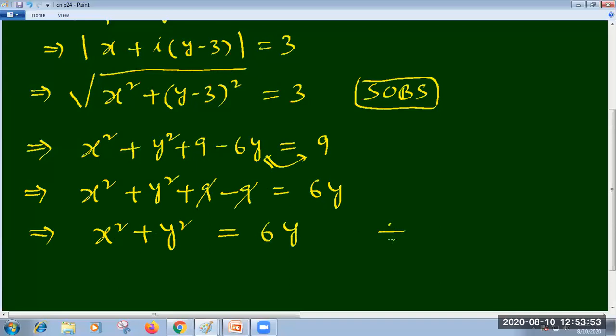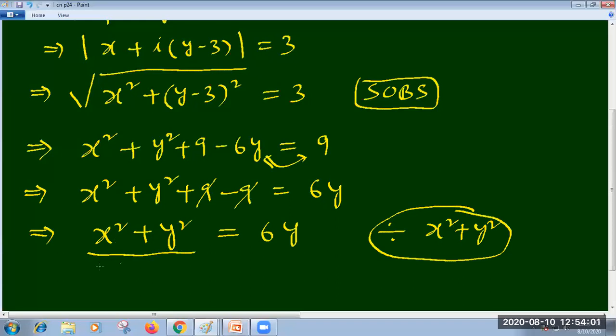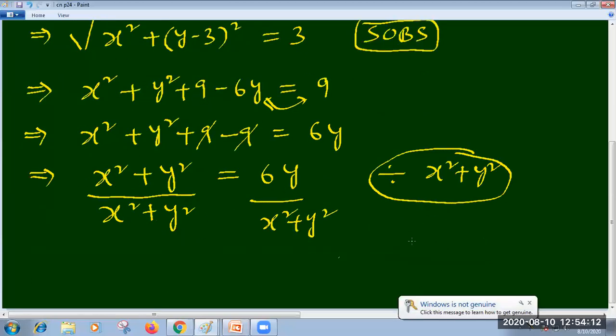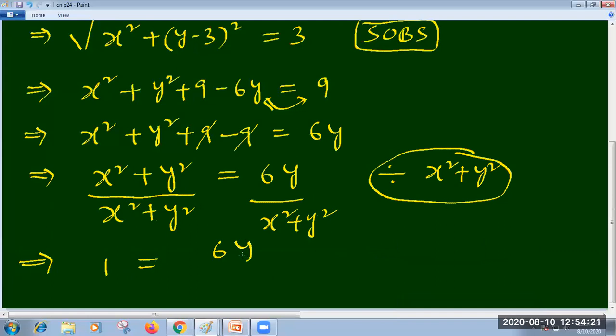Now divide both sides by x square plus y square. I am dividing left side and right side by x square plus y square. Left side becomes 1. So 1 is equal to 6y by x square plus y square.